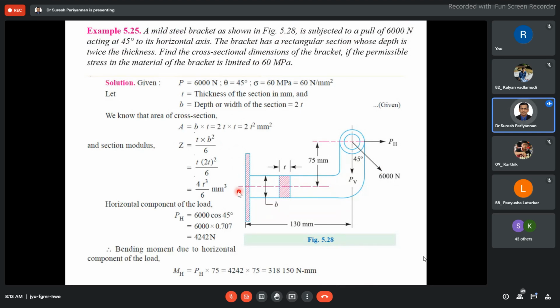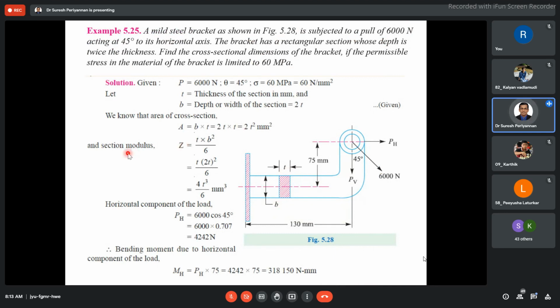See here, first find out the sectional area of the bracket. We don't know the dimensions, but they have given the depth by width ratio. Based on that, we can find the area of the cross section in terms of t: area is equal to 2t squared.